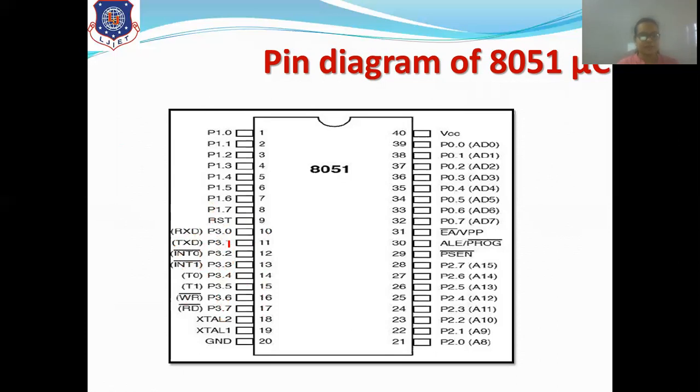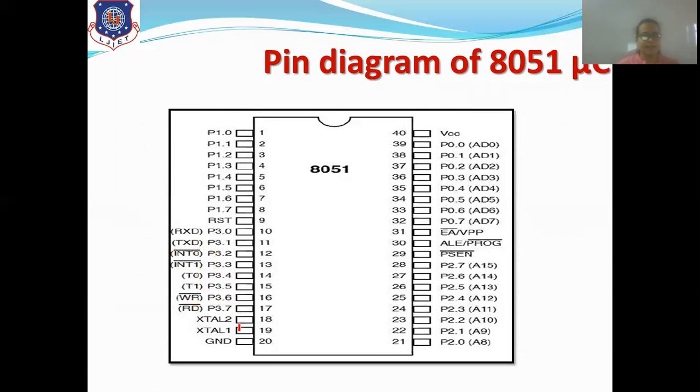At 3.1 it is TxD for serial transmitting. 3.2 and 3.3 have the external interrupts INT0 and INT1, which are active low pins. At P3.4 and 3.5 it has the two timers, T0 and T1. 3.6 and 3.7 have write bar and read bar for writing and reading the data.